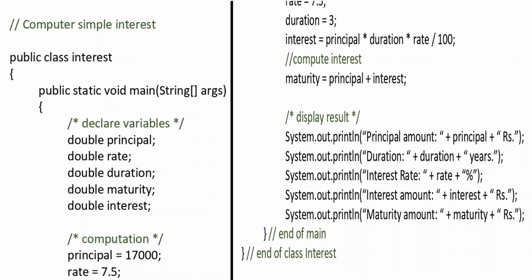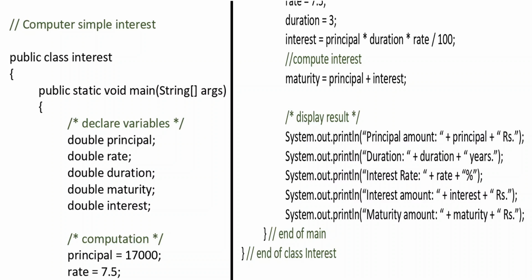You might find that square bracket somewhere in any other textbook or some other program after args. Both are valid. Either you put square bracket before args or after args. Both is fine.